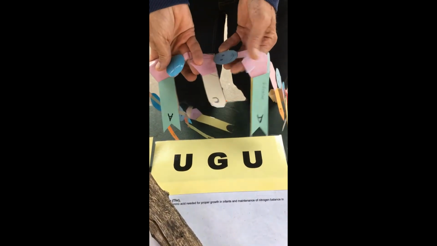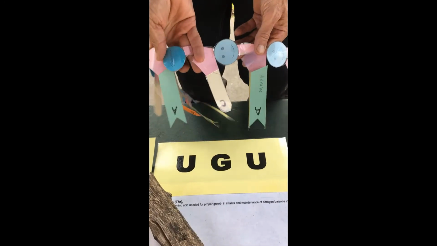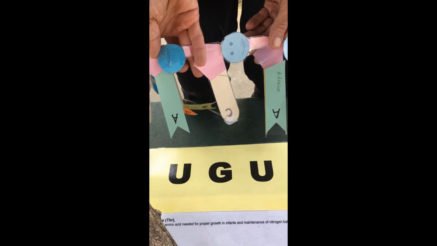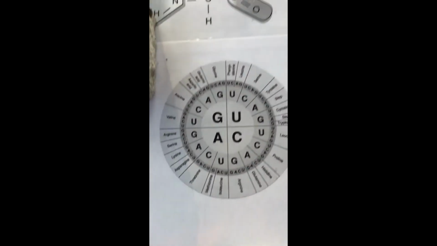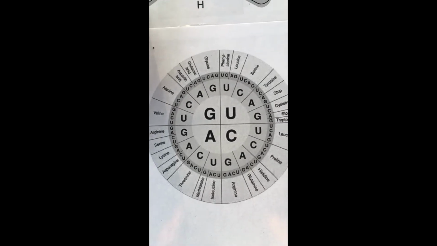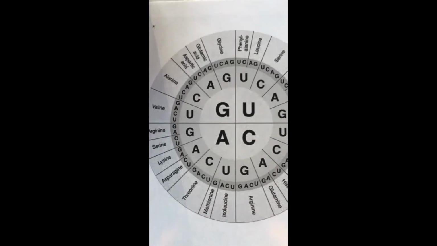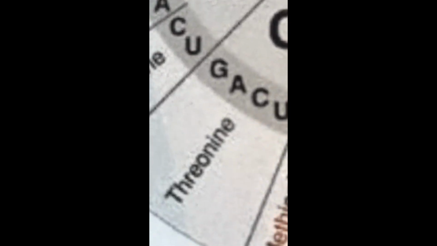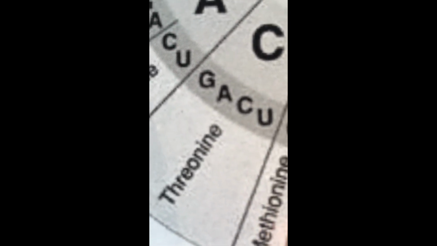Just remember that you're going to be using the messenger RNA that you coded directly off of the DNA for this. And that's going to be ACA, right? Looking at this, give you a chance to sort it out. Is it threonine? Did I get it right? Yeah.